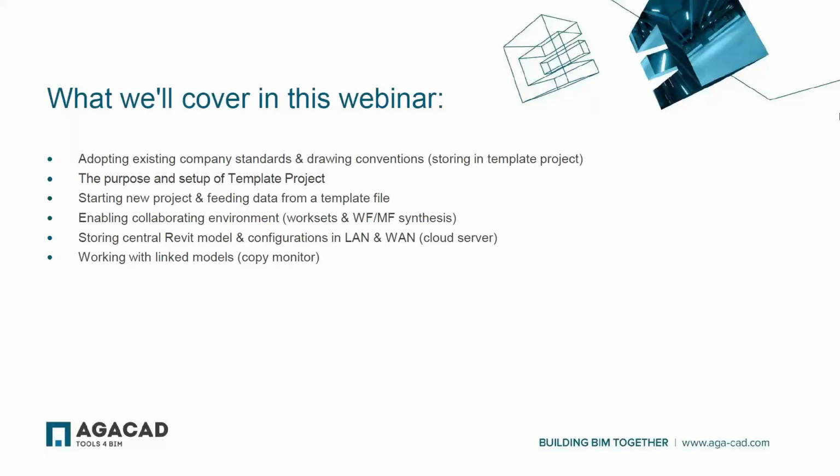Then enabling a collaborative model environment, looking at worksets, and how you can work with linked models, utilizing Copy Monitor in Revit. I don't think we will have time, but I was planning to look at wood and metal framing hybrid framing.